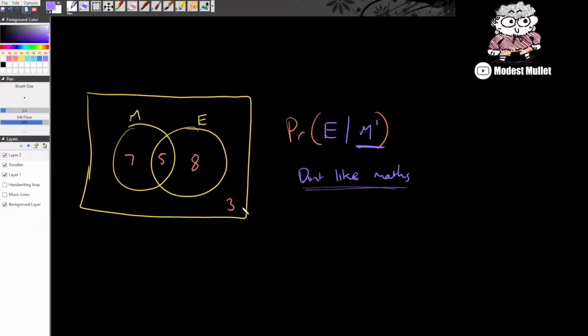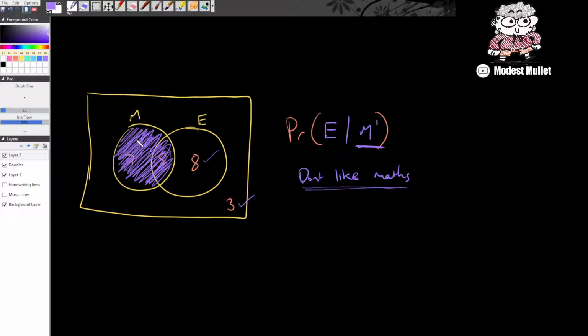So it's quite clear that these three people here that like neither, they don't like maths, so that's good. And also, these 8 people in here, they don't like maths, so they're good. But what about the 5 in here in the intersection, or these 7 in here? Both of those groups of people like maths, so we have to exclude them. So anything in the maths circle, because we don't want maths, we have to exclude all of these.